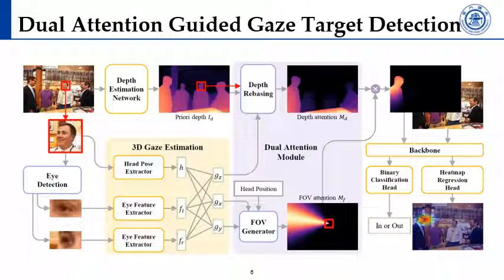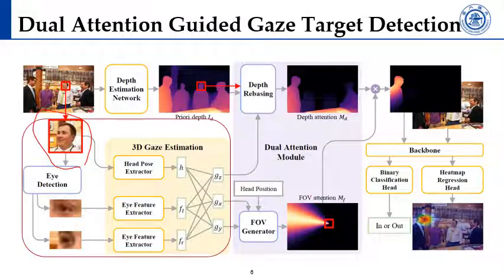This is the pipeline of this work. We propose a dual attention guided gaze target detection framework. First, given the head crop here, we do 3D gaze estimation rather than 2D, and we also involve eye detection here to calibrate the gaze estimation results.